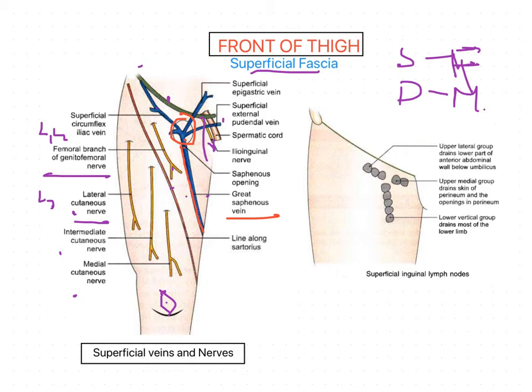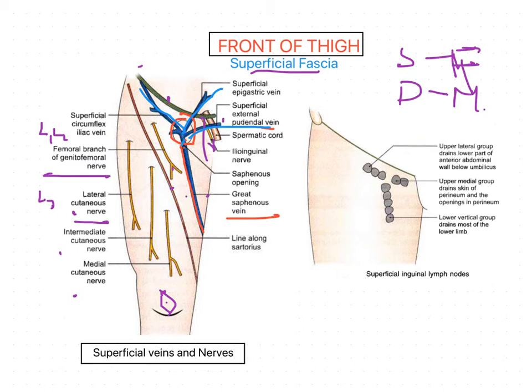One is the superficial external pudendal vein, which we have seen, and then the superficial epigastric vein and the superficial circumflex iliac vein. All these three tributaries end up in the saphenous vein. So this is about the saphenous vein and the superficial veins.